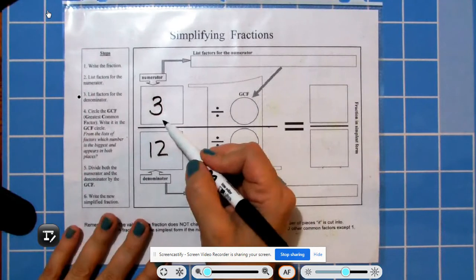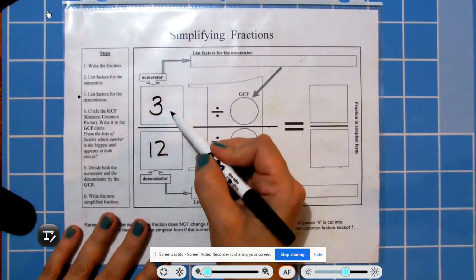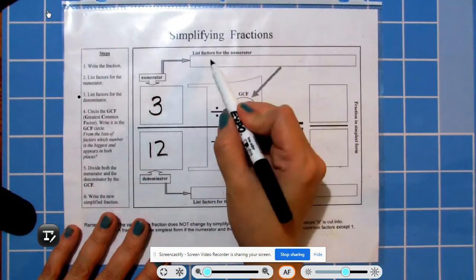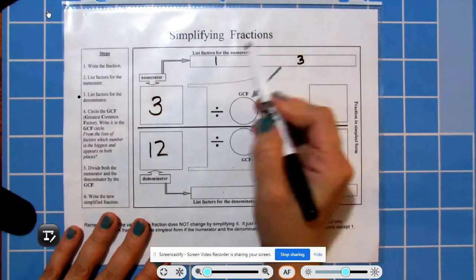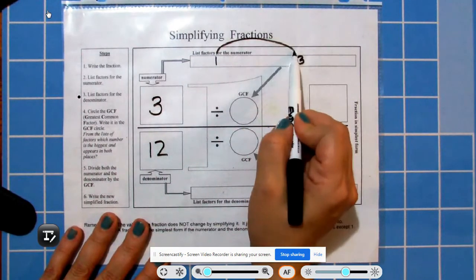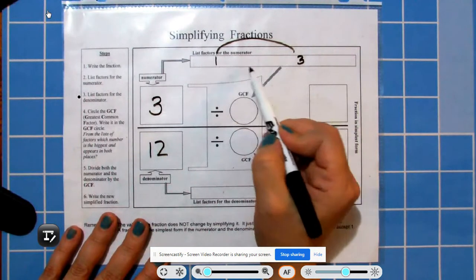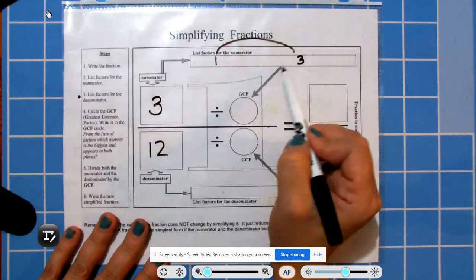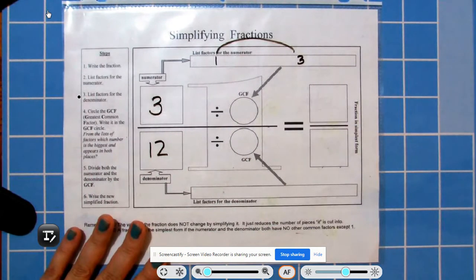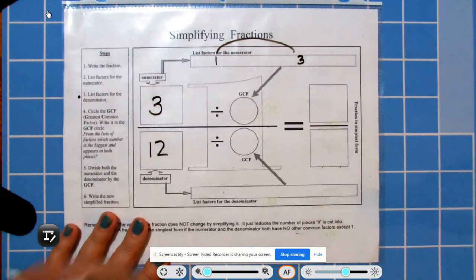You could list the factors for your numerator. So we're going to have a factor rainbow for 3. 1 times 3. And the only whole number left between 1 and 3 would be 2. And you can't multiply 2 by anything to get 3. So that means we are finished factoring 3. Now we're going to factor 12.